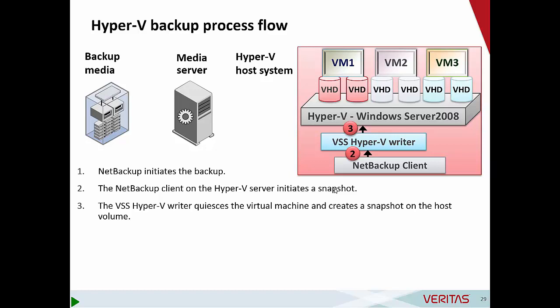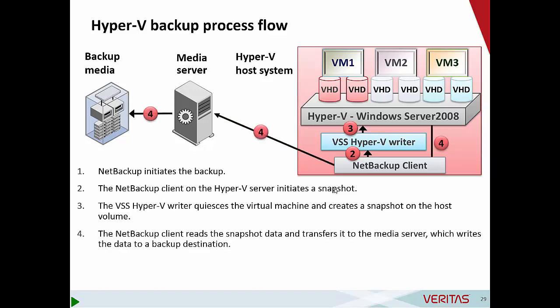The NetBackup client, BPCD, can then read the snapshot data and transfer it to the media server, which writes it to tape or to disk. When the backup is complete, NetBackup sends a signal to VSS releasing this snapshot, and then Hyper-V can return the virtual machine to its original state.